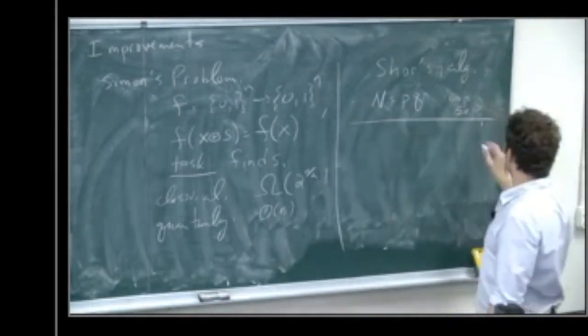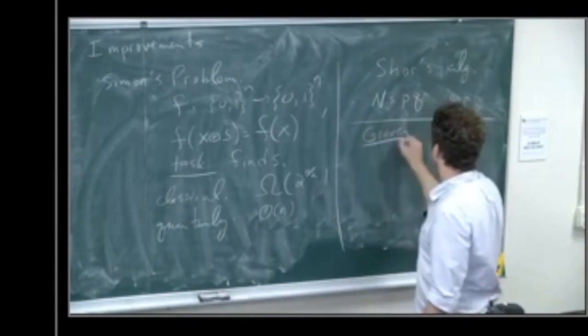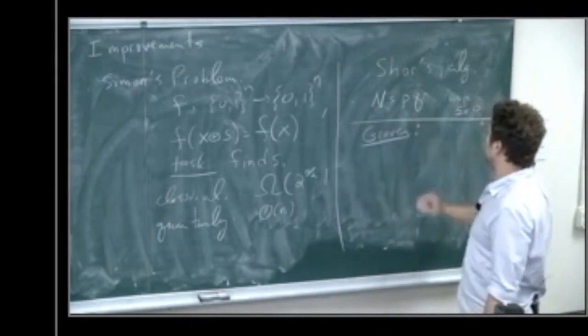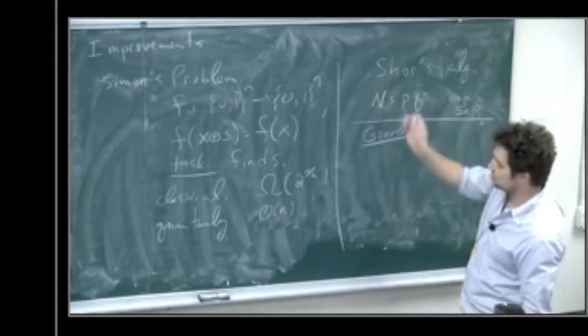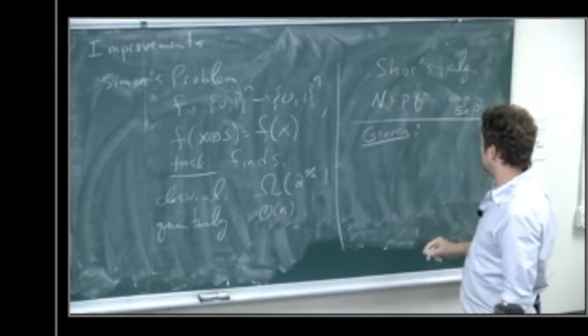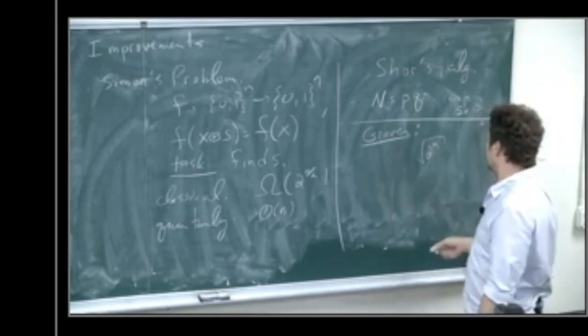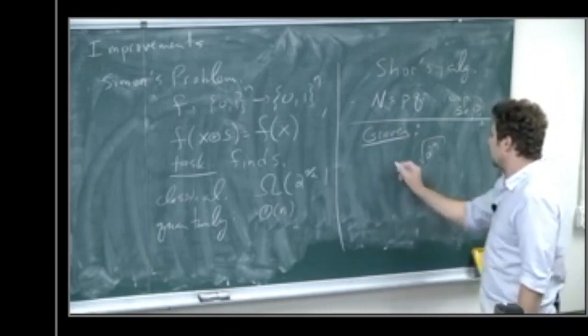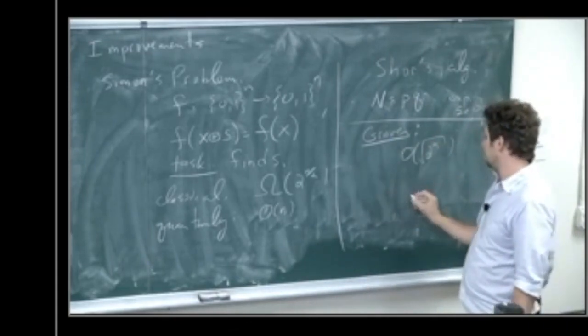Also, there's another flavor of algorithm where you can find a marked string. If you have an n-bit string you're looking for, you can find it in time square root of 2 to the n, instead of classically, which takes time 2 to the n.